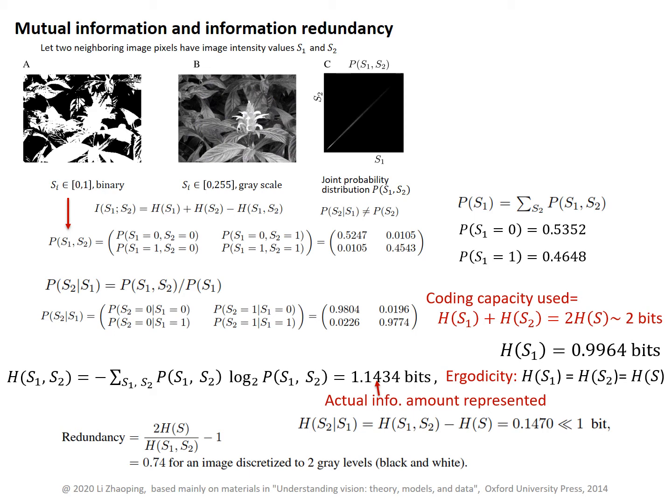In this matrix, the diagonal elements are very nearly equal to 1. So that means S2 takes the same value as S1 in, for instance, 98% of time, both when S1 equals 0 or S1 equals 1. And this peaked probability distribution can be visualized in this plot.